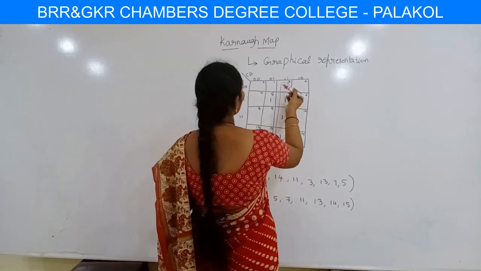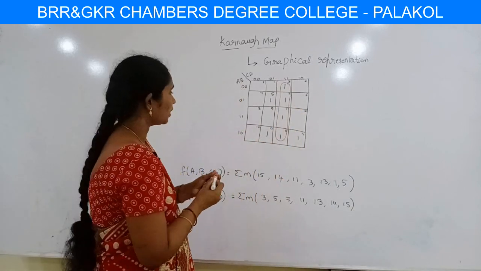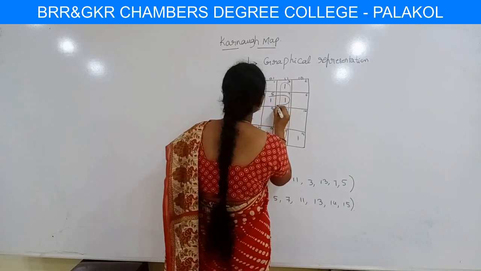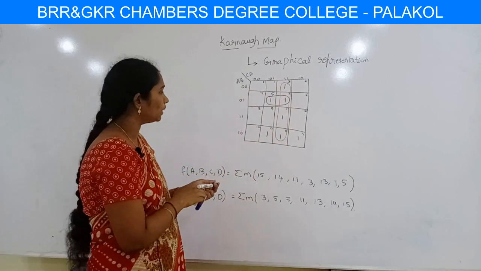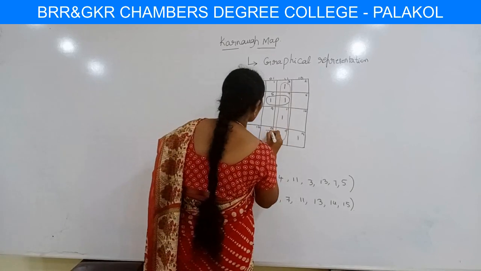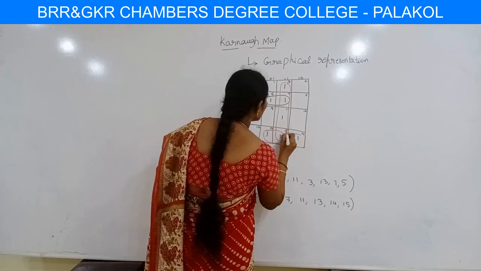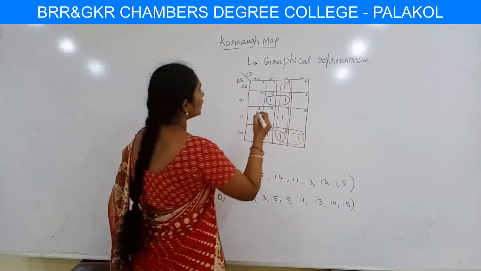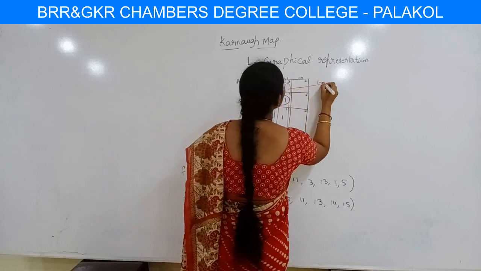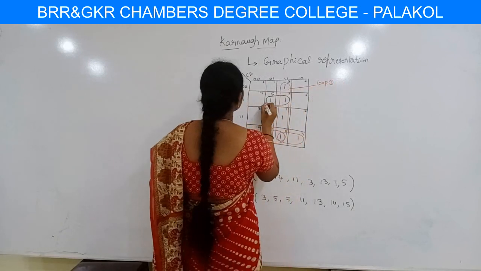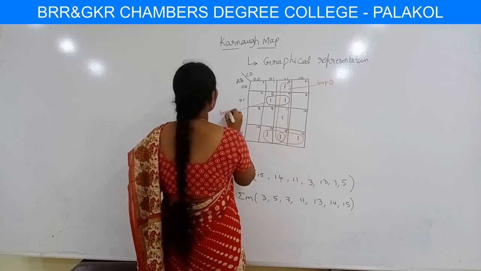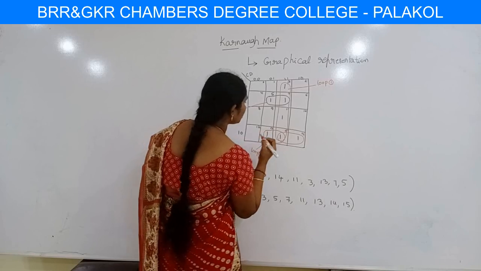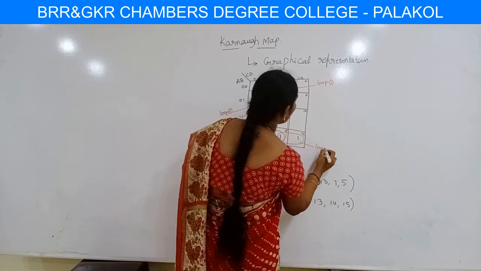So 4 ones form a loop, and after that, here there are 2 ones, these 2 ones form a loop, and these 2 ones also form a loop, and these 2 ones also form a loop here. So how many loops are there? So here this is loop number 1, and here this is loop number 2, this is loop number 4, and this is loop number 5.